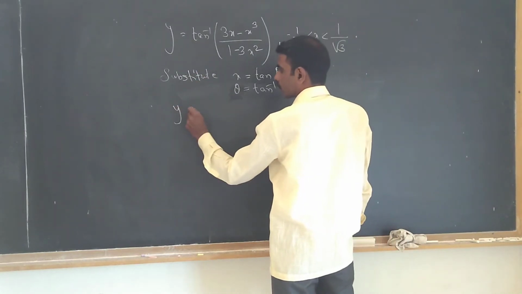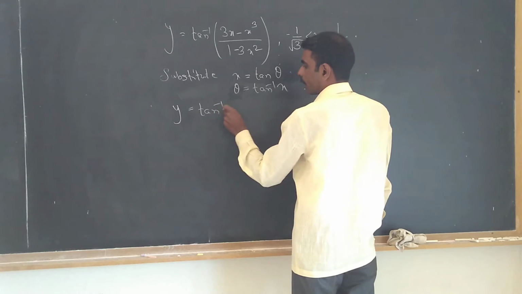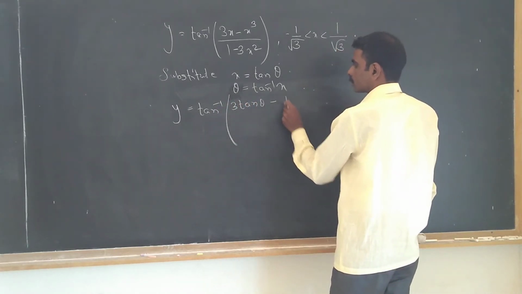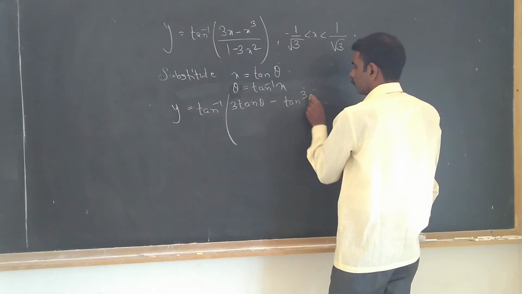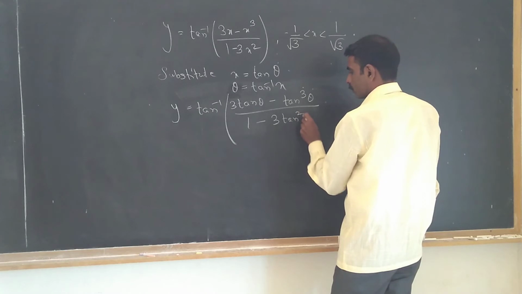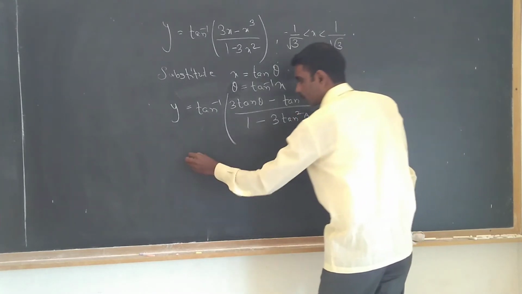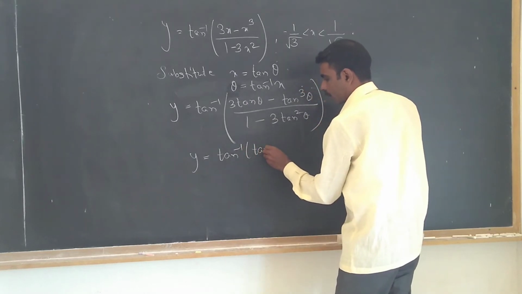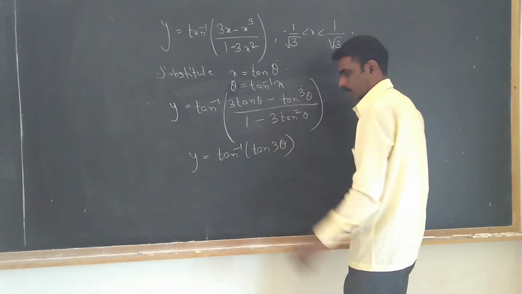So I will take this function y equals tan inverse of (3 tan theta minus tan cube theta) divided by (1 minus 3 tan square theta). Now, this will be tan inverse of tan of 3 theta.